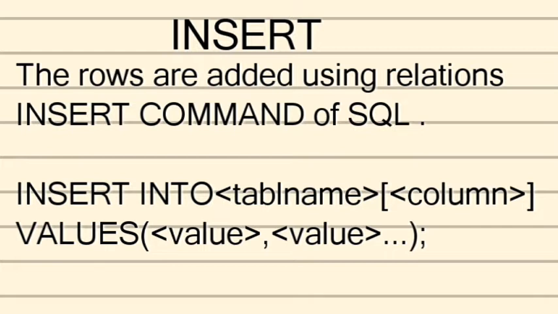If I want to define the columns, I can define them. If I do not want to define the columns, I'll just write the table name and accordingly assign the values. Like VALUES after that, a parenthesis in which I will write the values separated by commas and so on, ending with a semicolon.